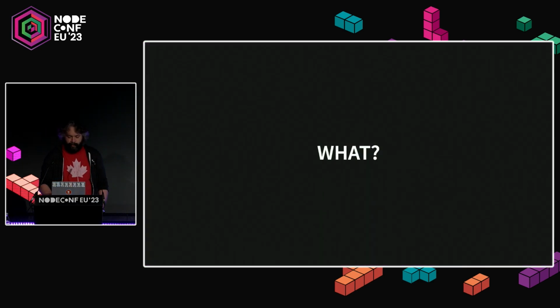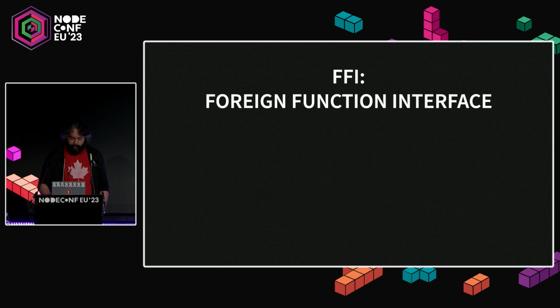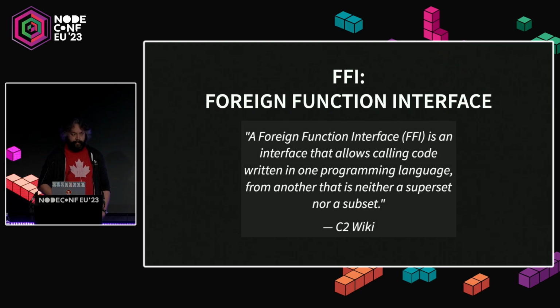Okay, so what am I talking about today? Foreign function interface. This is the crux of everything that I'm talking about today. I was trying to find a good definition of foreign function interfaces. The best one I could find was on, of all places, C2 Wiki. The definition I found was a foreign function interface is an interface that allows calling code written in one programming language from another that is neither a superset nor a subset.